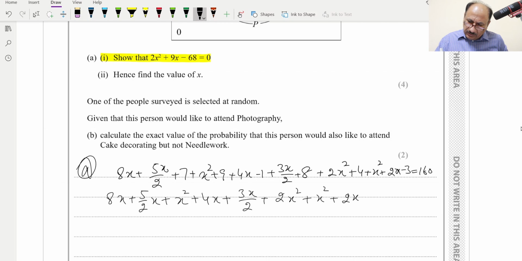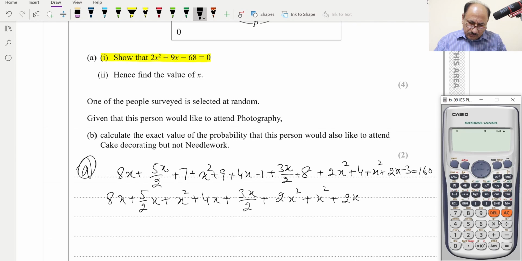The rest we can basically calculate: 7 plus 9 minus 1 plus 8 plus 4 and minus 3 is equal to 24.